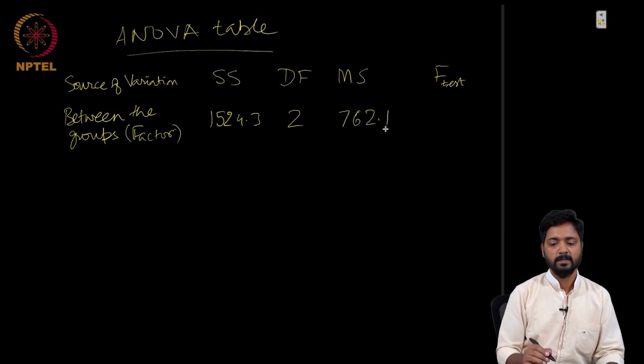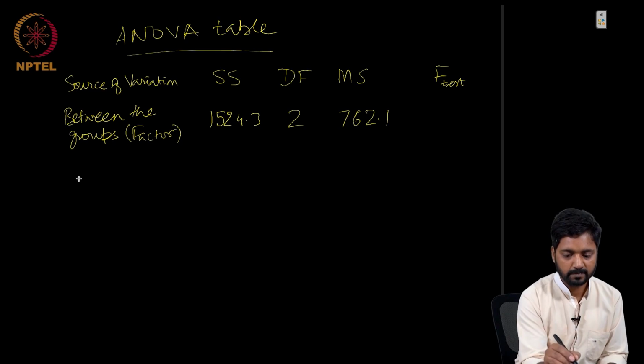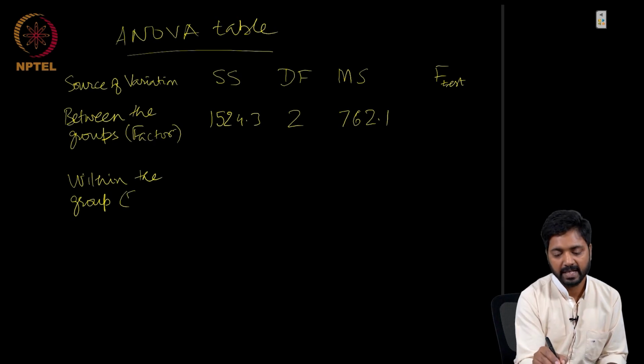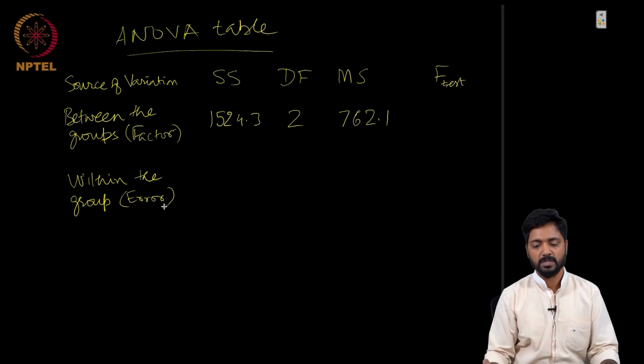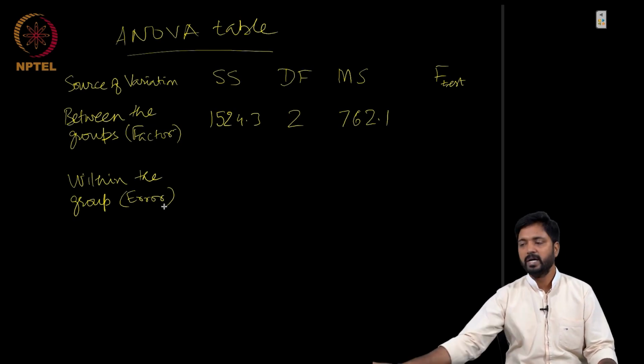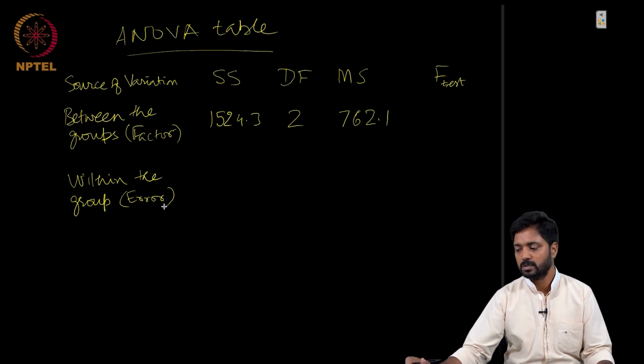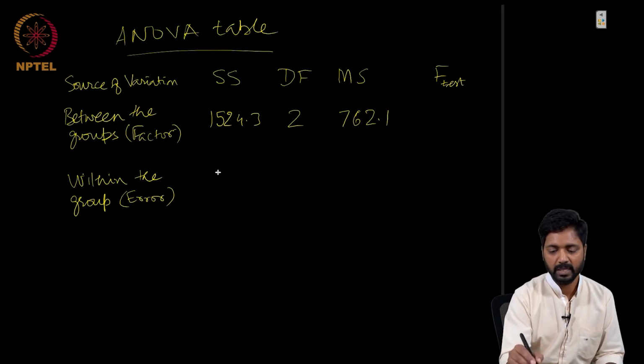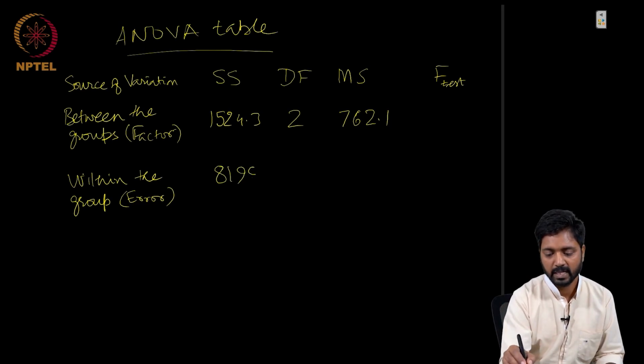762.1. Similarly, the source of variation when it is within the group, what we denote as the errors in the individual samples, the sum of squares due to errors was calculated to be 8199.